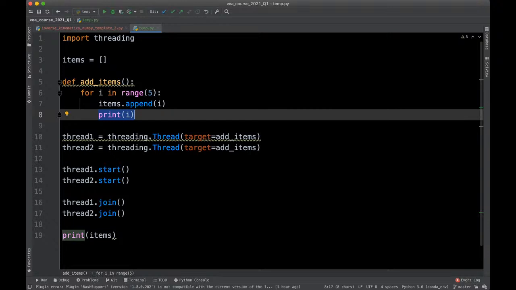So now we are observing our I. Now the question is, can we predict the order of items now? Yes, no. So when we add this line 8 with the print, can we predict the items now?